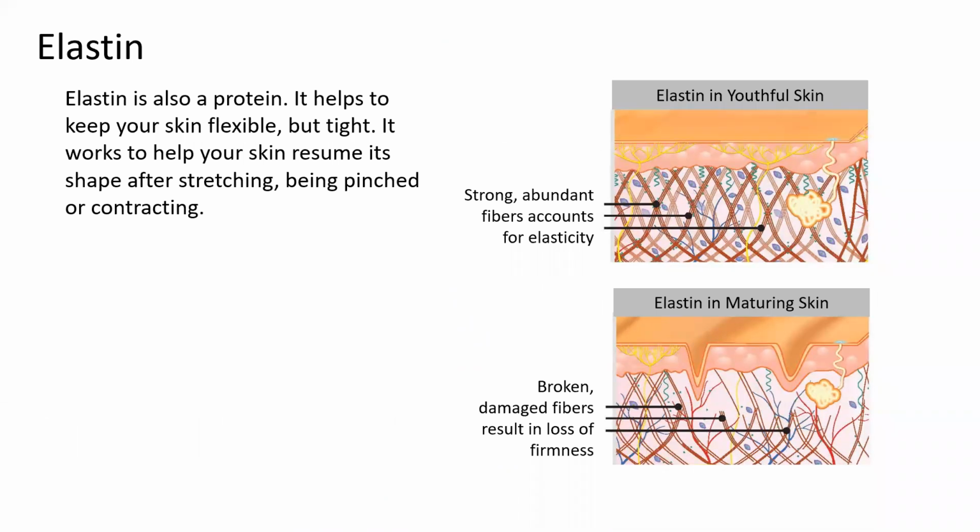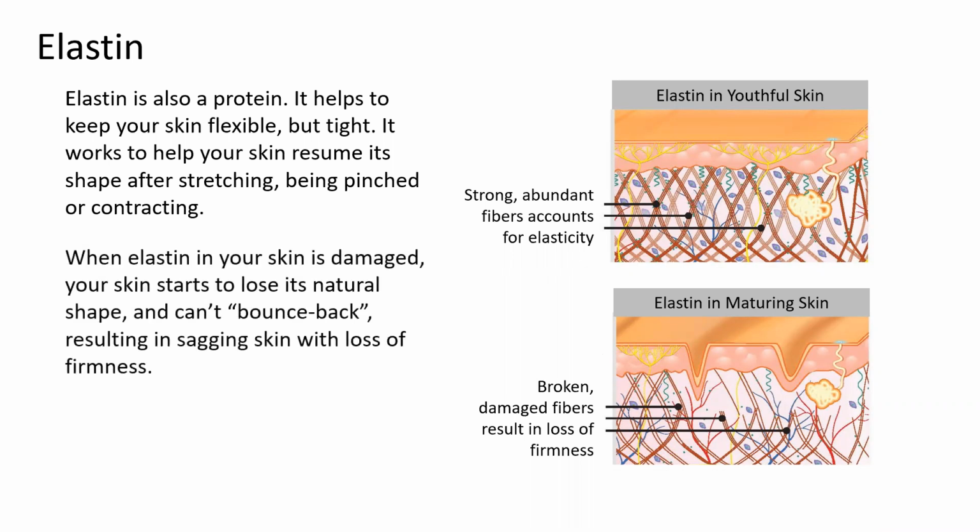A great way to tell how your elastin is doing is take your hand and do a little pinch of the skin on your hand. And if the skin goes right back, your elastin is probably great. But if the pinch takes a little bit longer to go back than you think, it means you may have a little bit of breakdown in your elastin. That's not a bad thing. There are products that we have that can absolutely help.